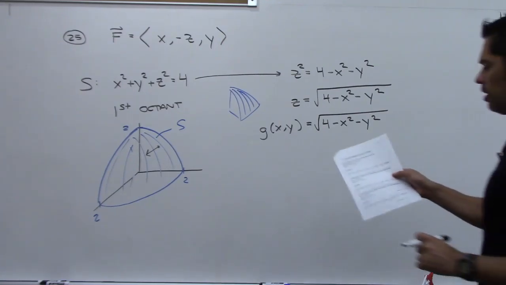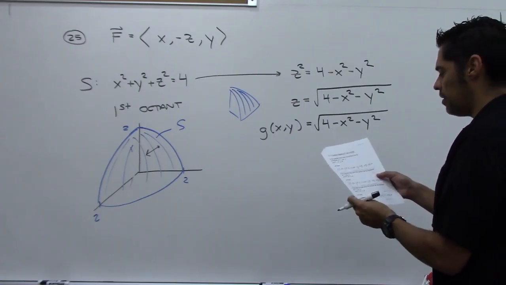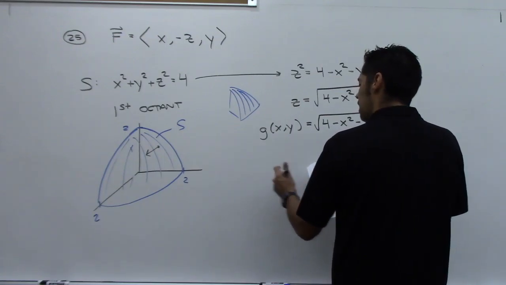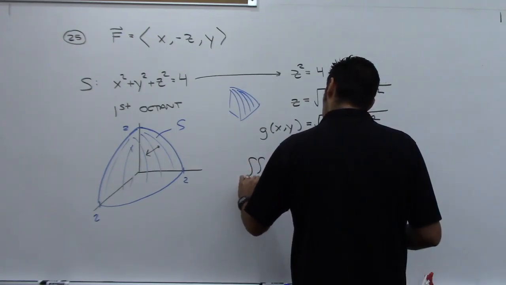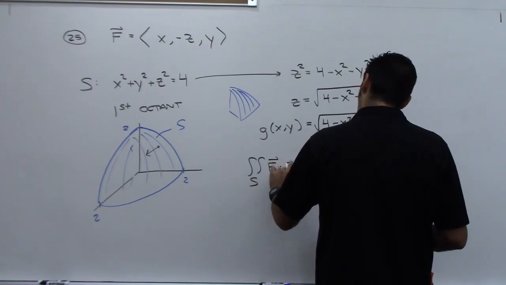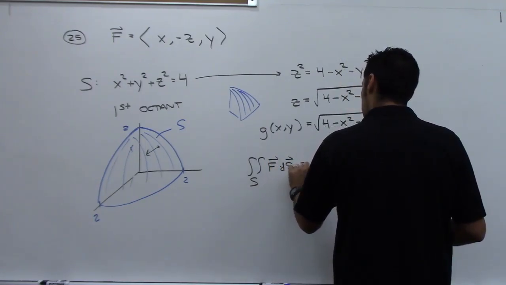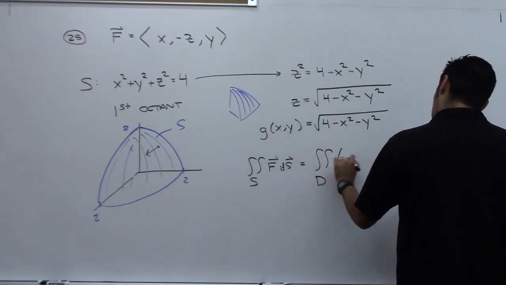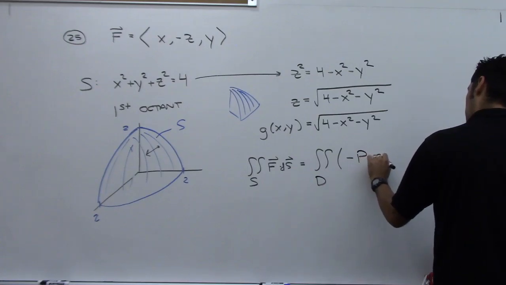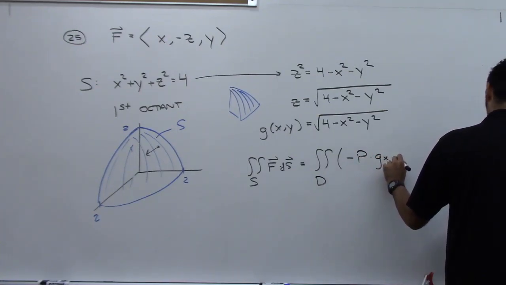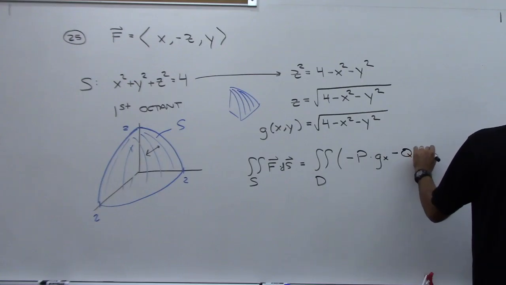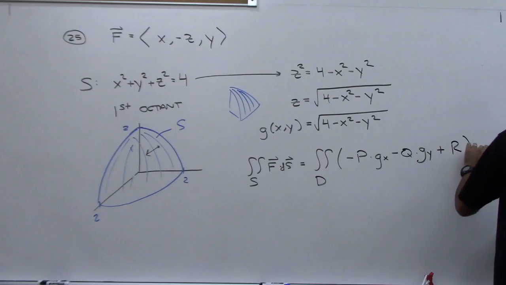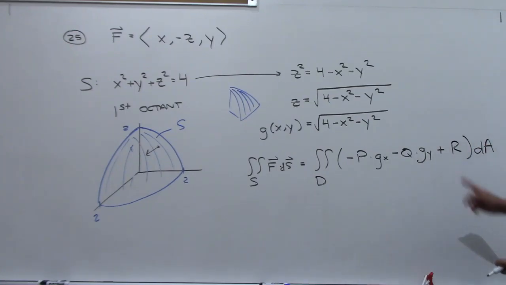Now we have this sheet with these surface integrals in the special cases. I'm looking at the top case. Now it says that our flux ds should equal the double integral over d of negative p times the partial of g with respect to x minus q times partial of g with respect to y plus r dA if our normals are pointing upward.